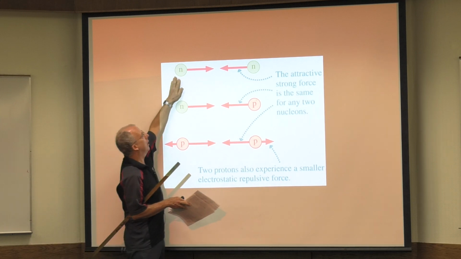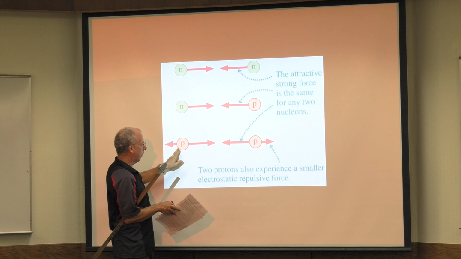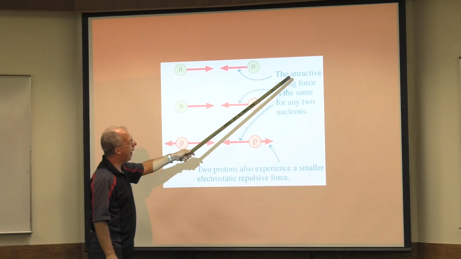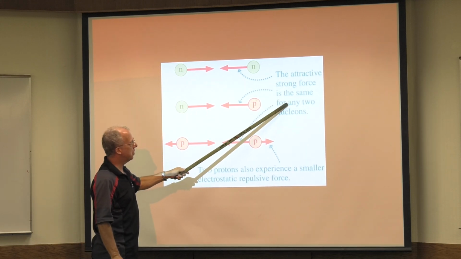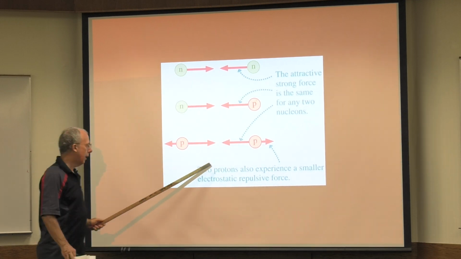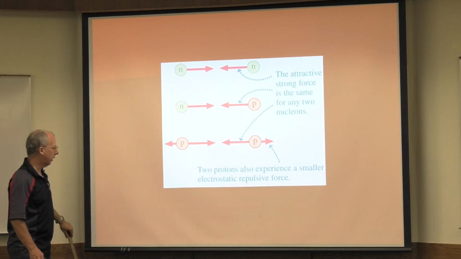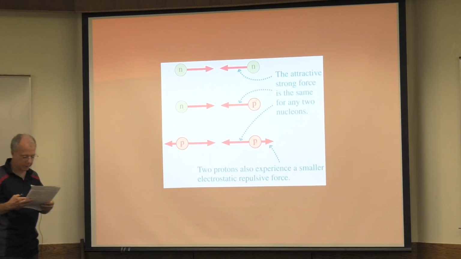There's no electric force here because there's neutrons. There's no electric force here because there's a neutron. There's an electric force here, right? So the attractive strong force is the same for any two nucleons. We don't care about the charge. But if you have two protons, they also experience a smaller electric repulsive force.